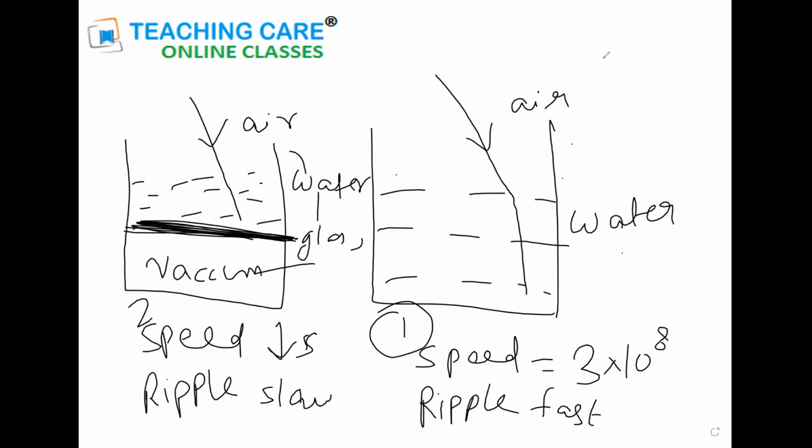Continuously the medium is changing, and due to the medium change the speed of light decreases, and since the speed of light decreases, the movement of ripple becomes slower. But in the first case, since it's only from air to water, instead of air to water to glass to vacuum, it's faster, since it's only two mediums, right? Yes, correct.